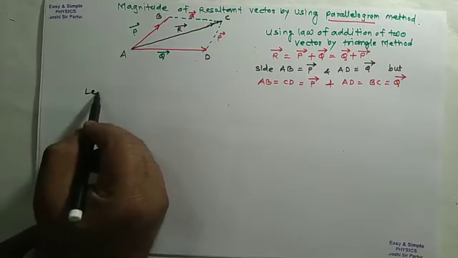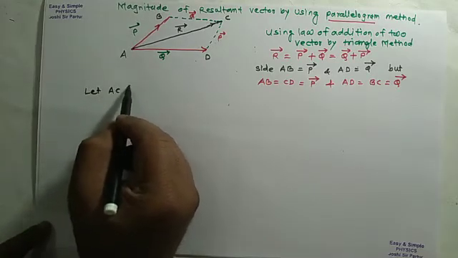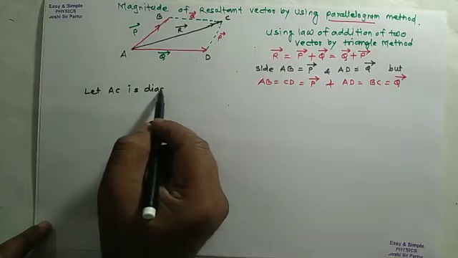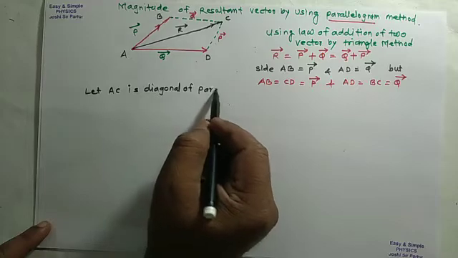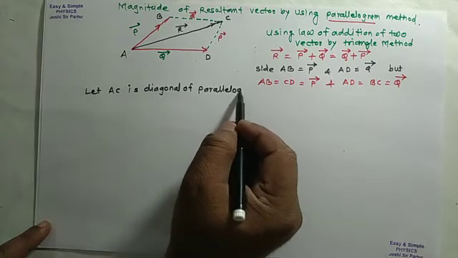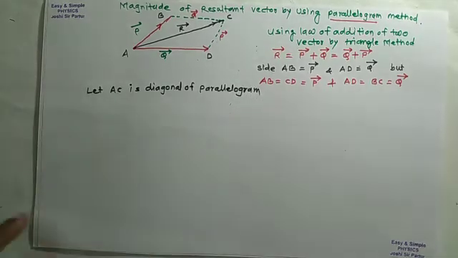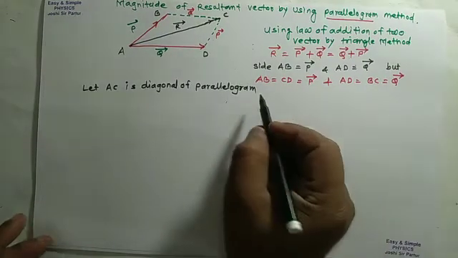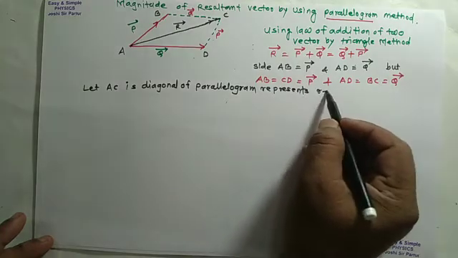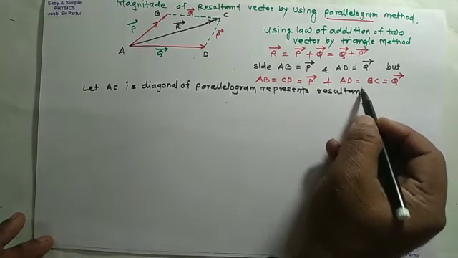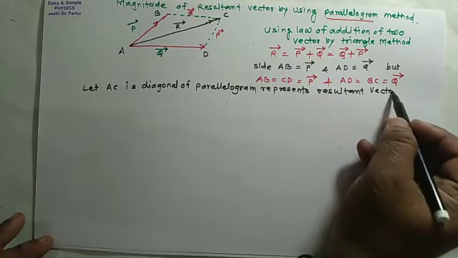Let AC be the diagonal of the parallelogram, which represents the resultant vector.